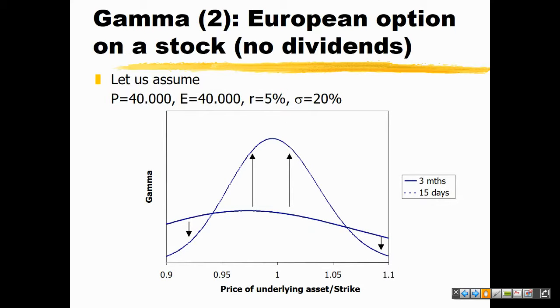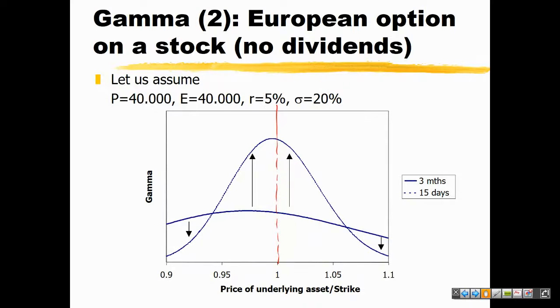What happens in the case of a European option on a stock is pretty similar, with only one difference. When you are close to maturity, it is the same story. The behavior of getting closer to maturity is the same, and you also see that the peak is extremely close to the at the money point.